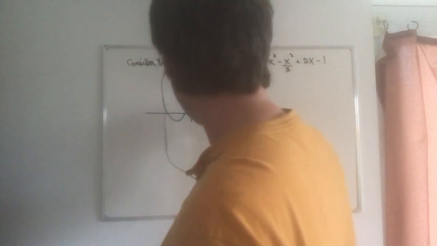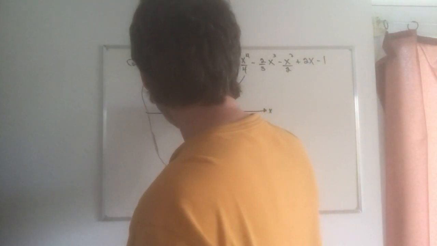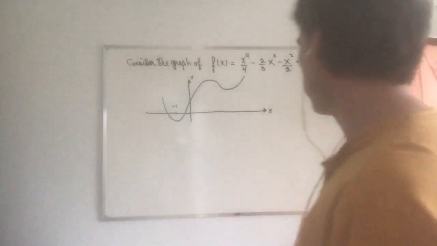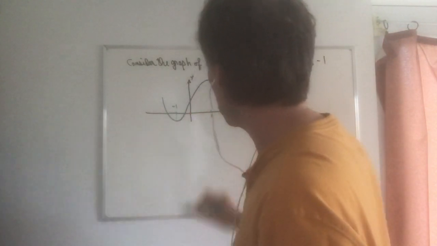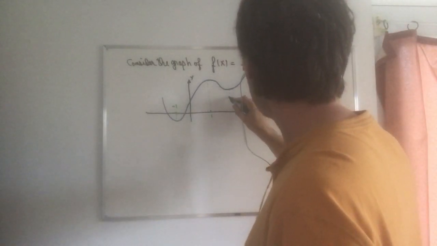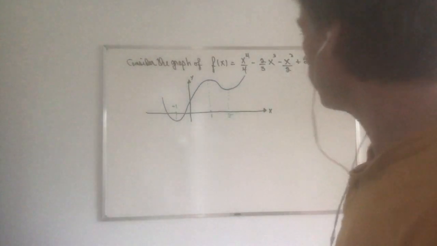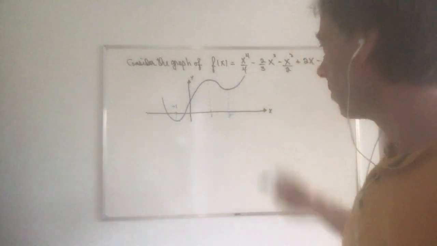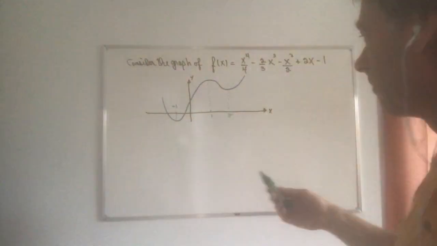Namely, I do believe we have here -1, and I do believe we have 1, so basically this corresponds to that point. This corresponds to that point. This corresponds to that point. So -1 and 1 and 2. If you plug this into a software, you're going to get a graph like this, where this continues to go up on both sides.